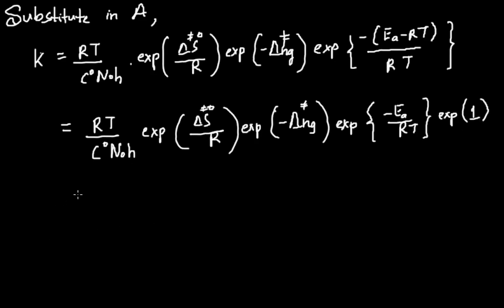Right. So if you take all of this, you will get K is equal to RT by C naught N naught h, exponential.